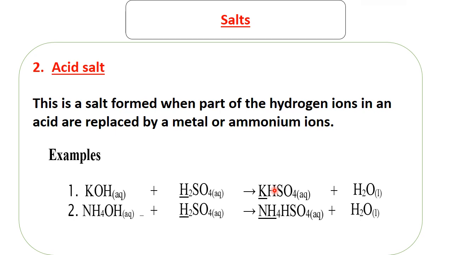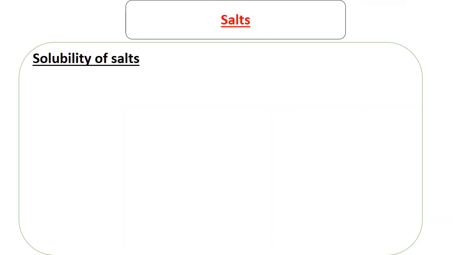Normally, the names of acid salts, you are going to find that they have hydrogen in them. For example, this one is potassium hydrogen sulfate, and this one is ammonium hydrogen sulfate. I'm not sure, but it's something like that. They usually have hydrogen in the name, so that hydrogen reminds you that there is a hydrogen ion inside.